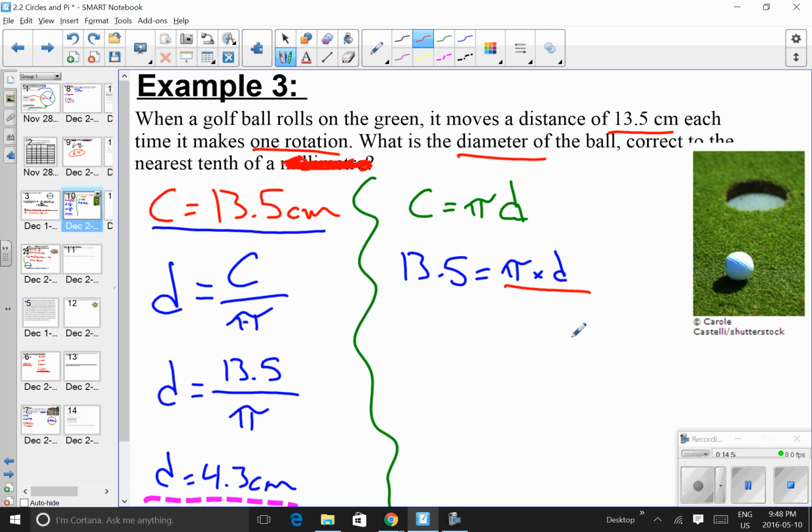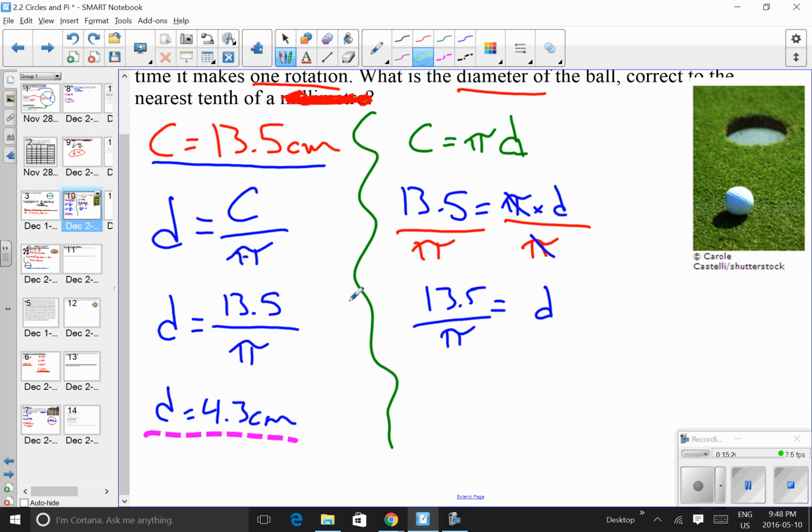So you need to undo that multiplication. Opposite of multiplication is division. But whatever you do to one side, you've got to do to the other. Got a pi up top, pi on the bottom. Pi divided by pi is just 1, so they cross off. So now I have diameter on one side and 13.5 divided by pi on the other. Hey, look at that.